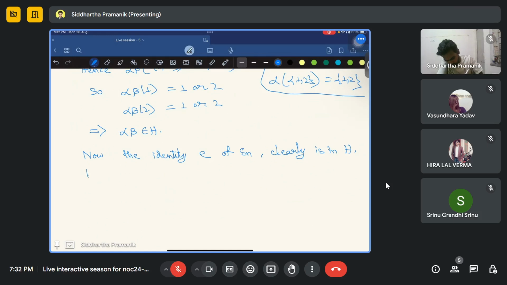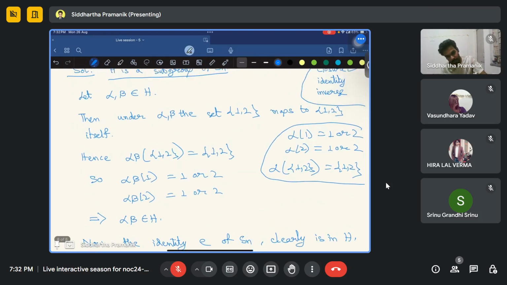Because under identity, 1 goes to 1 and 2 goes to 2. Right? So E has to be in H. So identity is very clear.